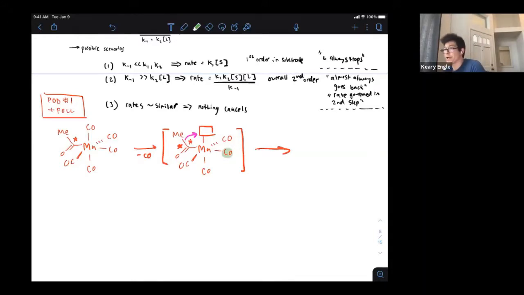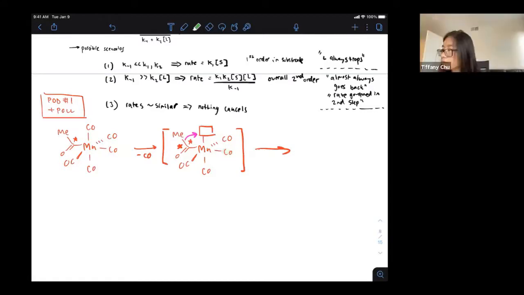And this is another key point: sometimes you might ask yourself, how do I know this leaves or the other leaves? You can always just walk down that road. Let's say the carbonyl that's trans to the acyl leaves. What happens? Can anything happen? Not really. So then what would actually happen is the carbonyl just coordinates again, and then you have a chance for another ligand to leave.